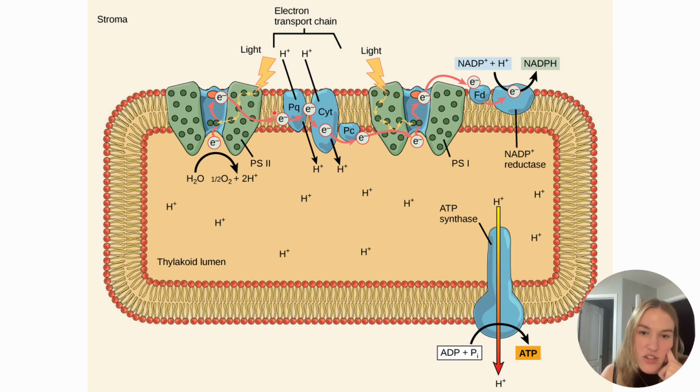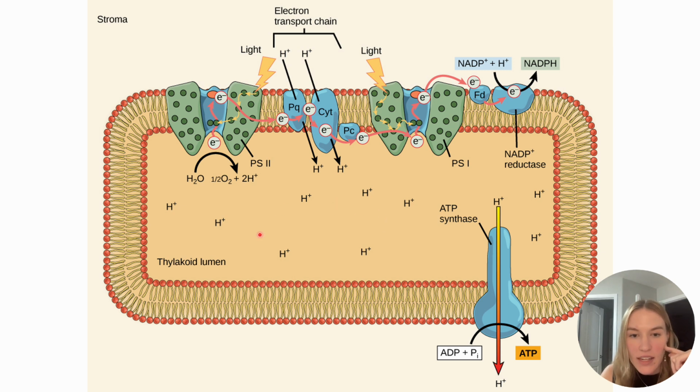It goes from a high energy electron to a low energy electron, and that is going to be able to pump protons from the stroma into the thylakoid lumen. That low energy electron needs to get re-excited so that it can be passed to NADP+ to be converted into NADPH. Now we have a high concentration of protons in the thylakoid lumen, and that wasn't an accident.